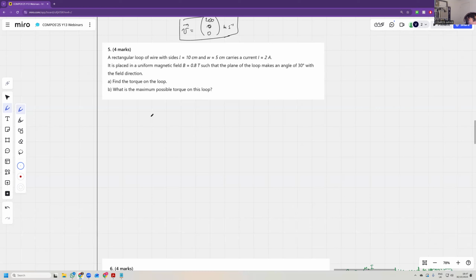So it's in 3D. It's a bit annoying. So imagine you have a loop.